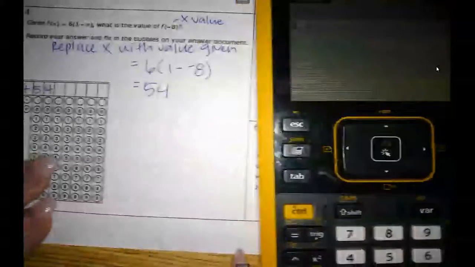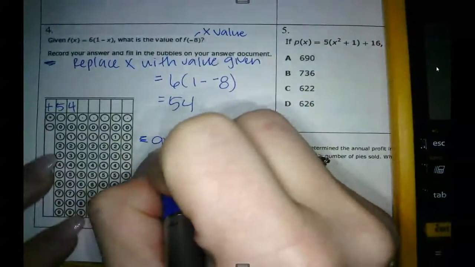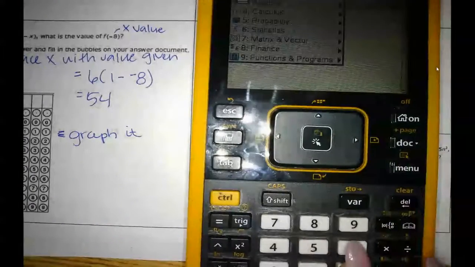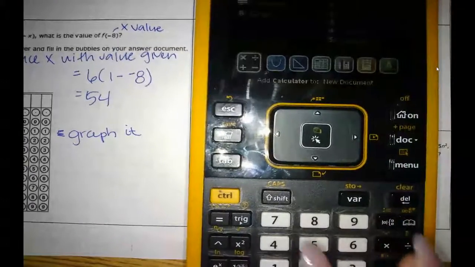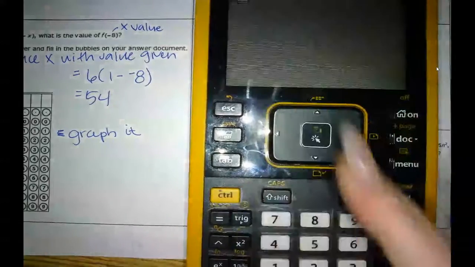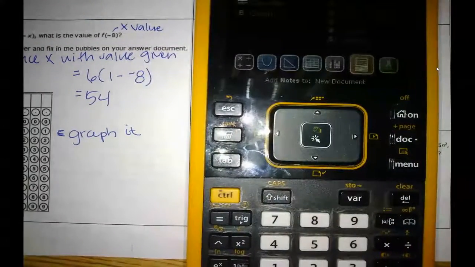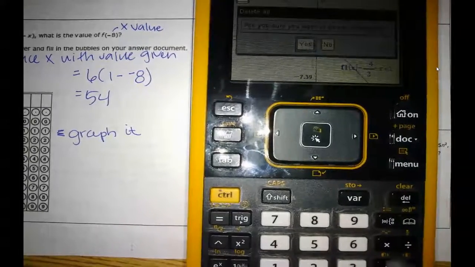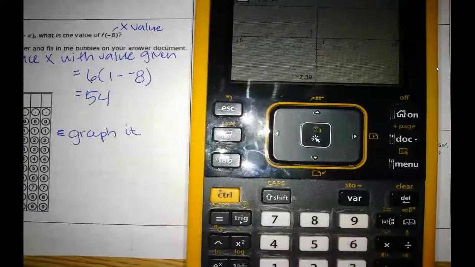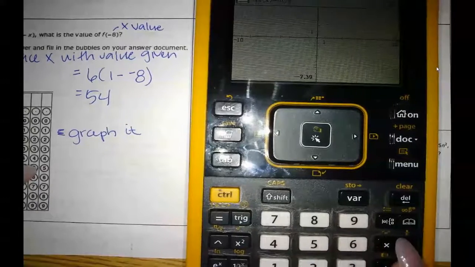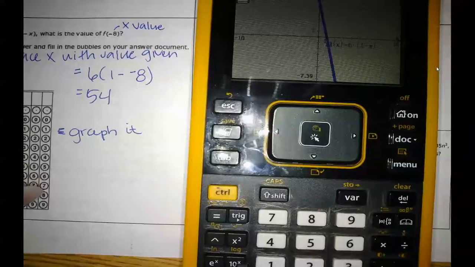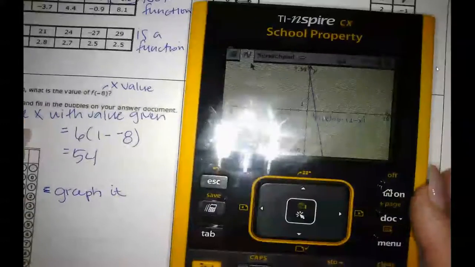Another method would be to graph it. Menu, home, go over to the graph, delete what's in there. Menu 3, 1, and I'm typing in everything after the equal sign. So 6 open parentheses 1 minus x. And I see my graph.